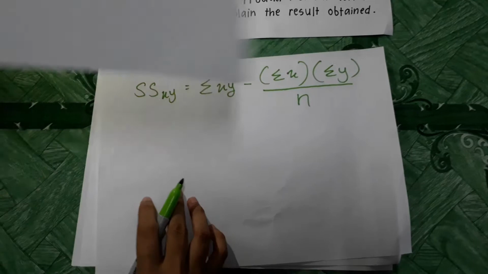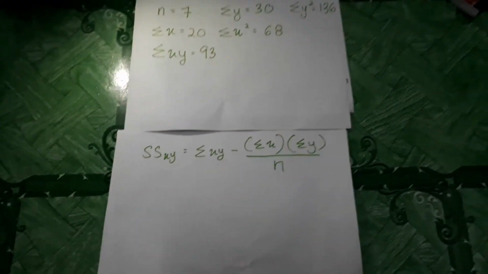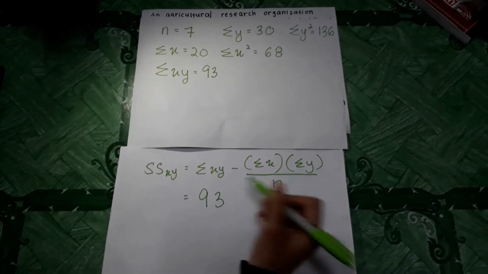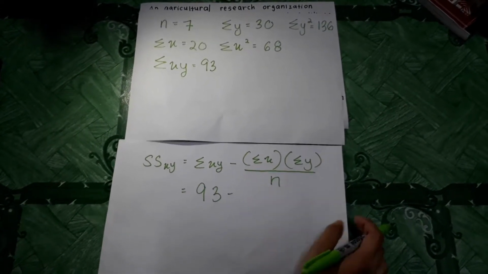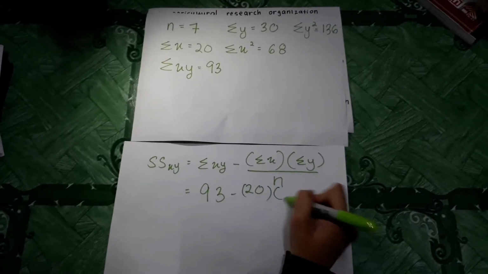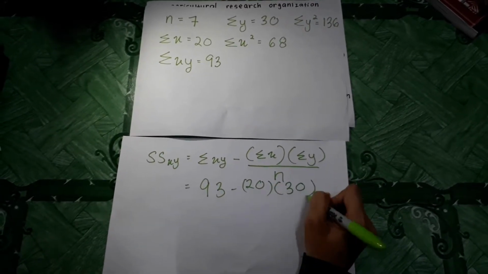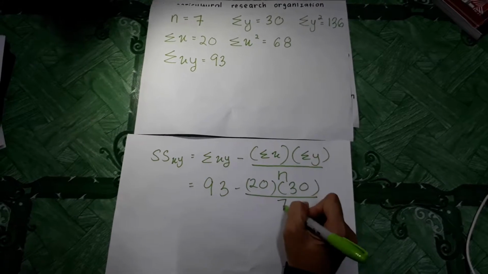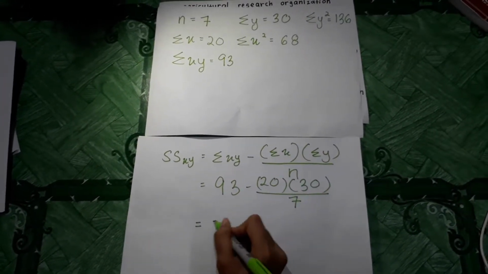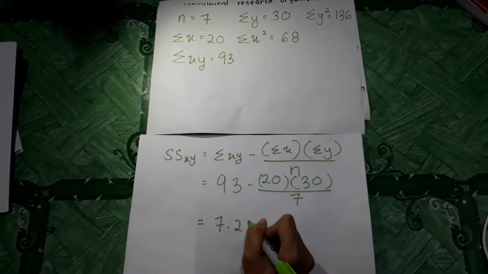Use the values that we have found before, which is 93 minus 20 times 30 divided by 7, which is equal to 7.2857.